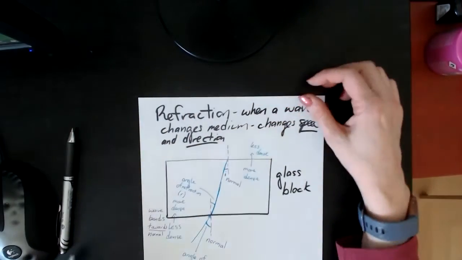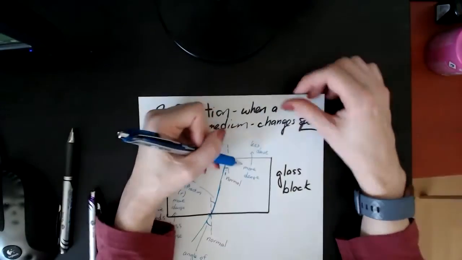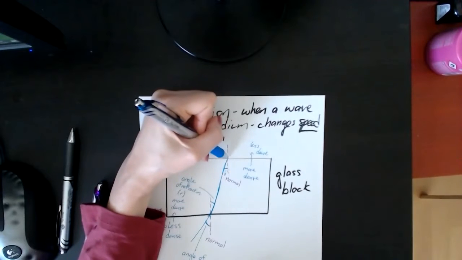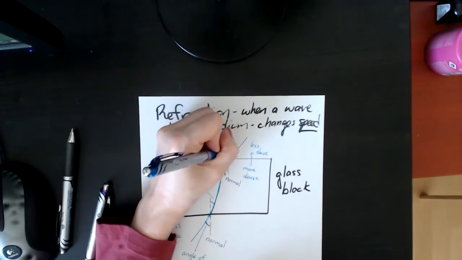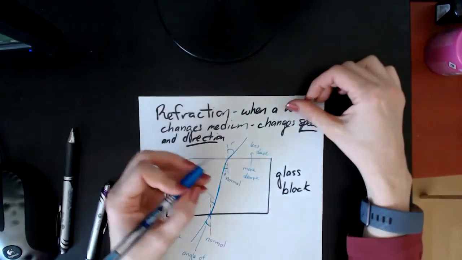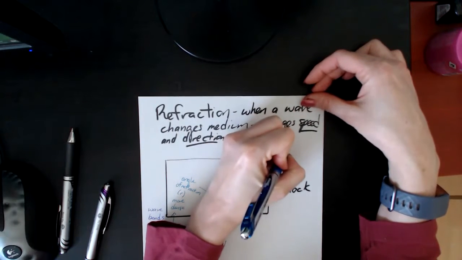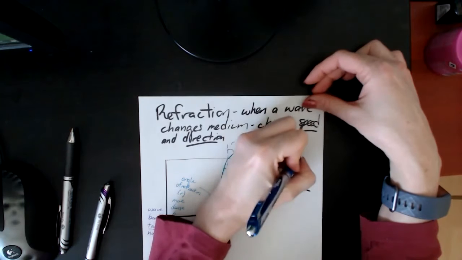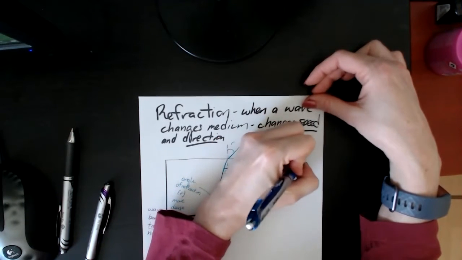And so then it's going to bend away from the normal. And this is now your angle of refraction, your r. When it goes from more dense to less dense, the wave picks up speed. It starts going faster, so it bends away from the normal.